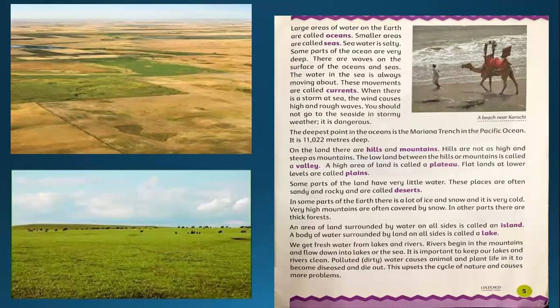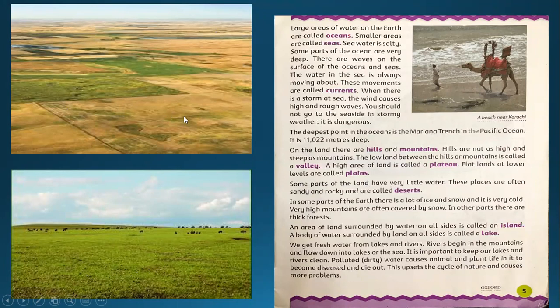Then the opposite of a plateau: flat lands at lower levels are called plains. Understand? These are plains, where there are no hills, no mountains. It covers a vast area at the same level.